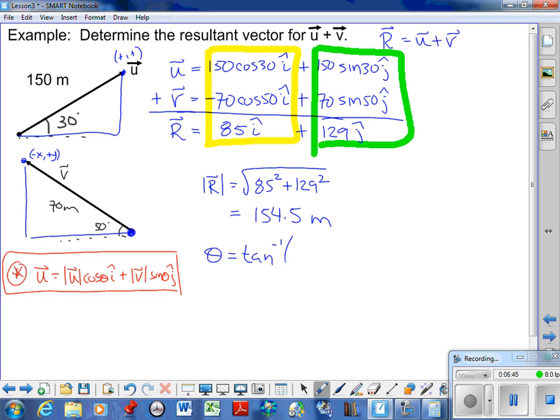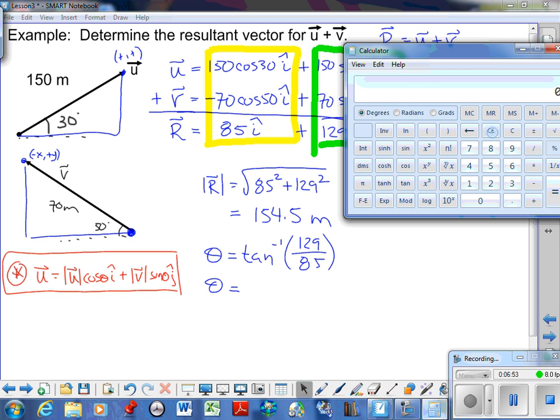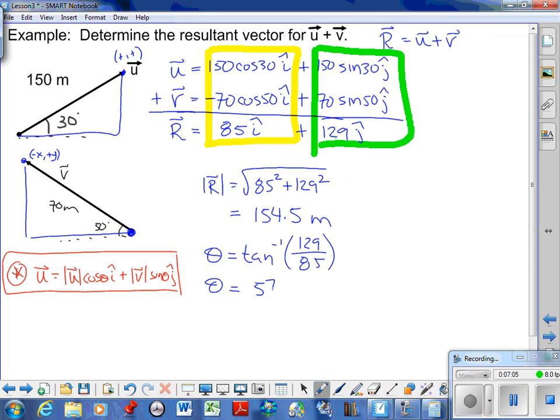For the angle, tan inverse of y component over x component. So I'm bringing up the calculator again. I've got to do bracket 129 divided by 85, inverse tan, and I get, say, 57 degrees.